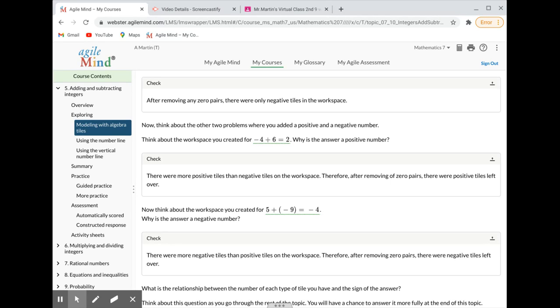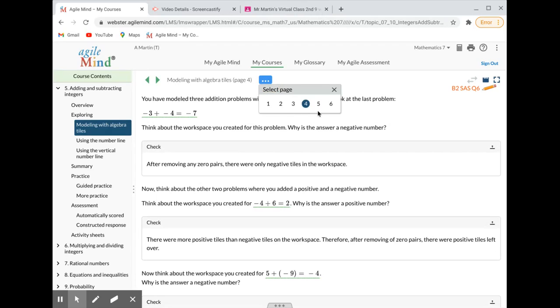Yes, sir. All right. And on opposite signs, we subtract and keep the sign of the number that has the greater absolute value. That's actually important to know, so I'm going to say that one more time. Opposite signs, we subtract and keep the sign of the number with the greater absolute value. Remember that absolute value is the distance that a number is from 0 on a number line.